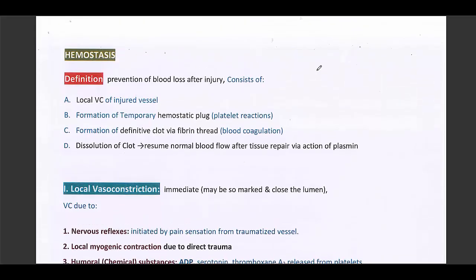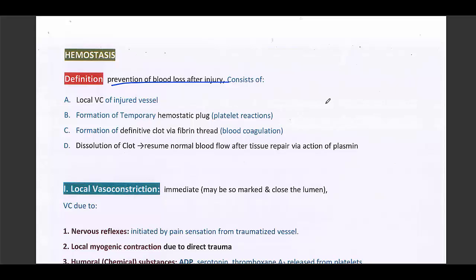Now let's move to another subject, hemostasis. Hemostasis, as we said before, is the prevention of blood loss after injury, in cases of hemorrhage, trauma, any case of blood loss.